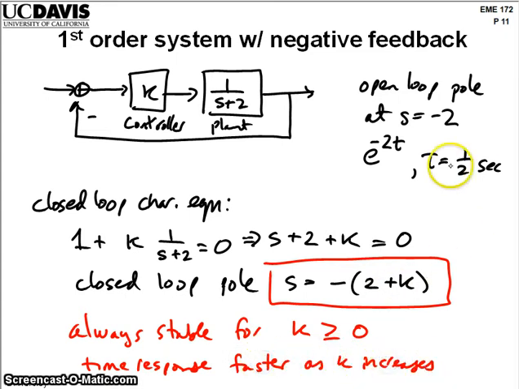Because instead of having e to the -2t, I've got e to the -(2 plus k) times t. And so I can adjust the time constant as I like using negative feedback.